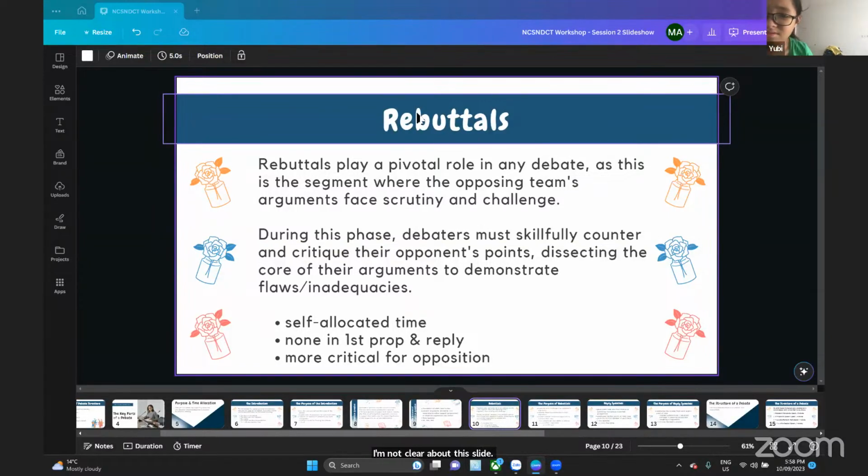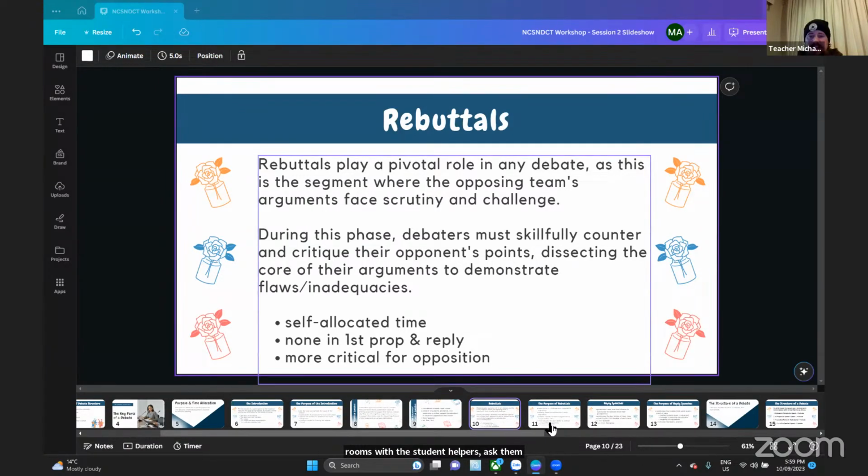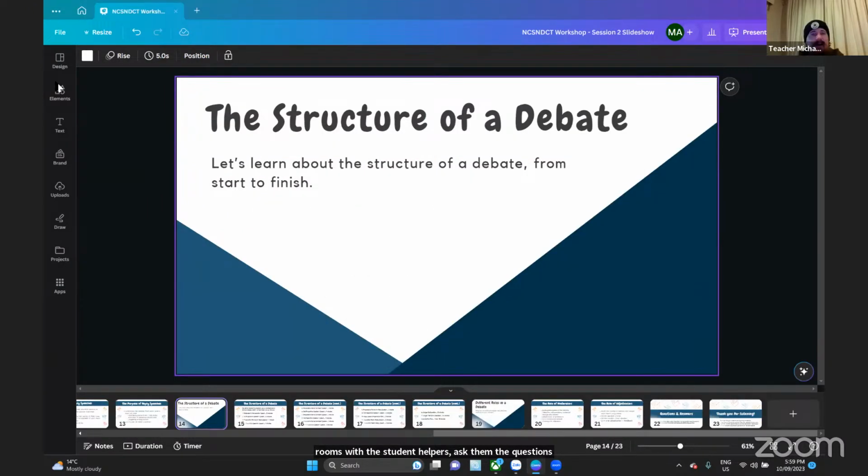So we have gone through a lot of information today. When you go into the breakout rooms with the student helpers, ask them the questions and they'll be able to clarify it for you. But we do have to move on now to finish the last of the material.